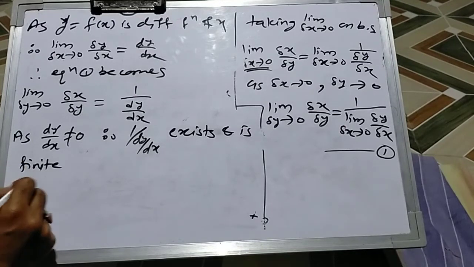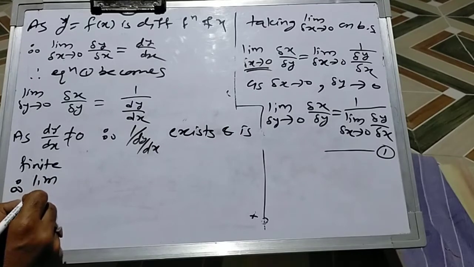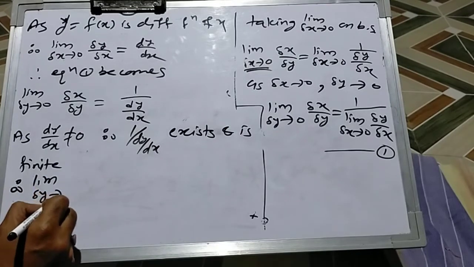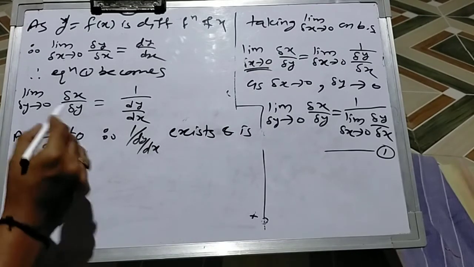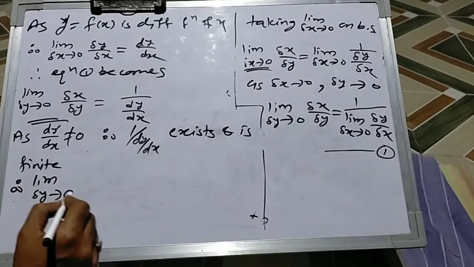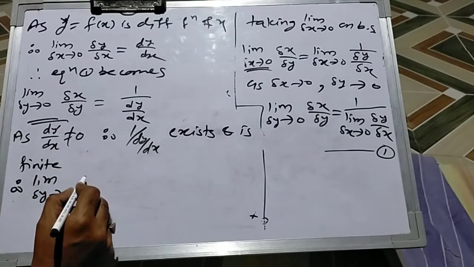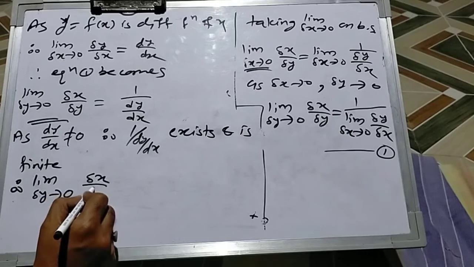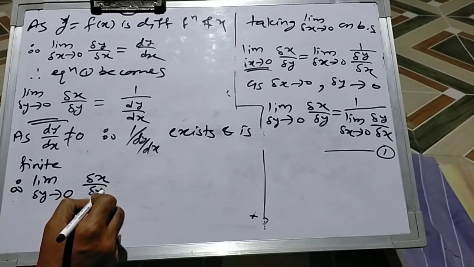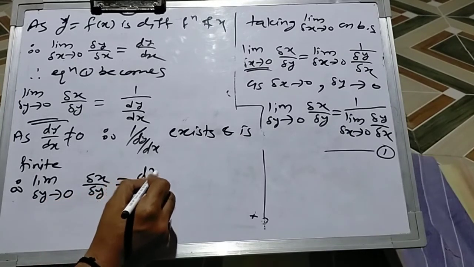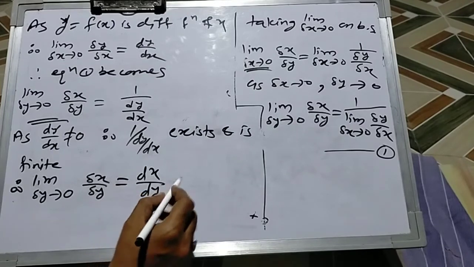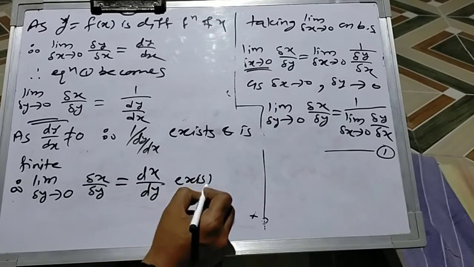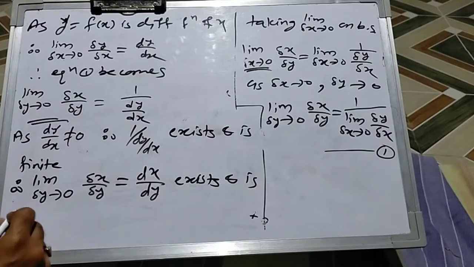So the limit delta y tends to 0 of delta x divided by delta y, which equals dx divided by dy, exists and is finite.